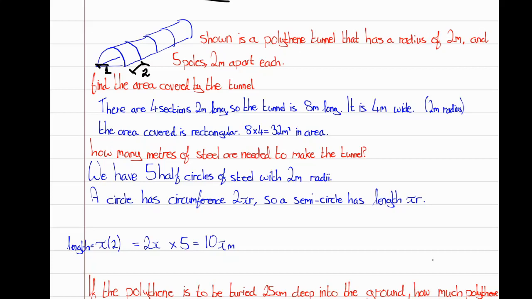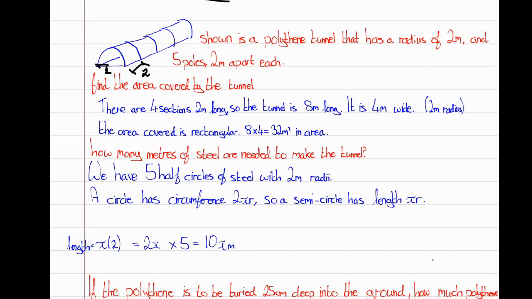If we're asked how many meters of steel we need to use to make the tunnel, we can do this by constructing 5 half circles, and these are just covered in a polythene sheet and so on. Each of those circles is a 2 meter radius, and a circle with a circumference of 2 pi r will give us the total.